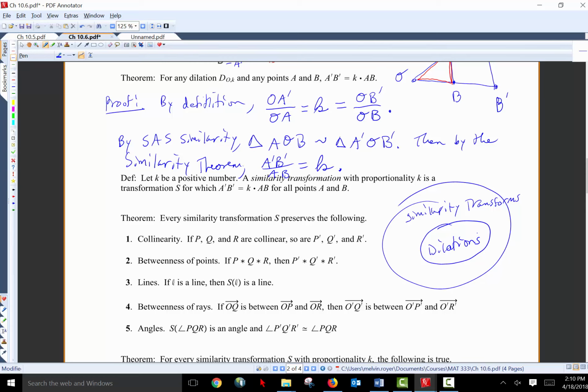And the question is, are these really the same blobs, or are there similarity transformations that are not dilations? Are they the same thing, or is similarity really a special case of, is a dilation really a special case of a similarity transformation?